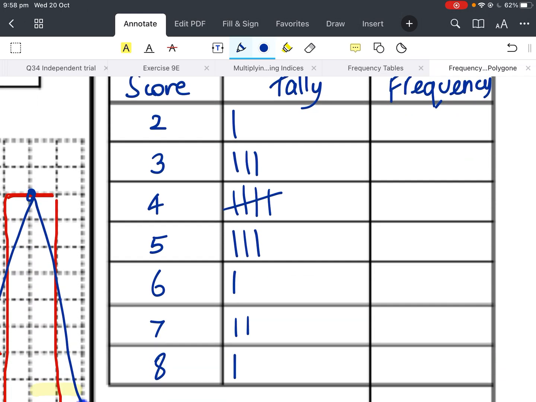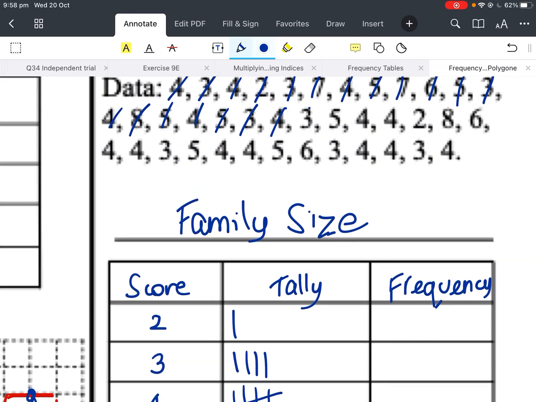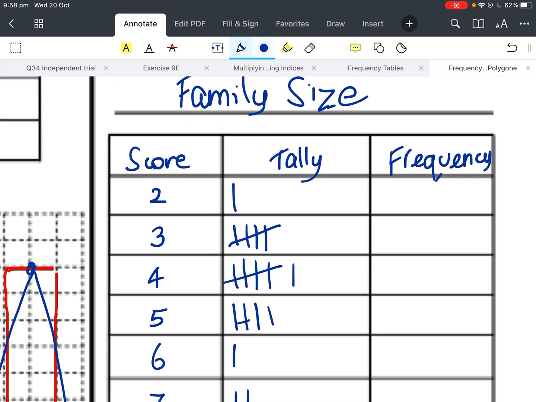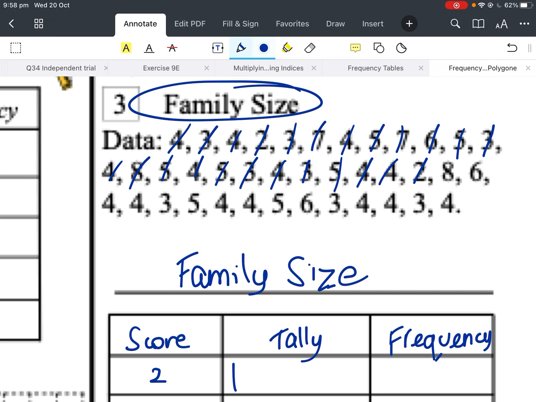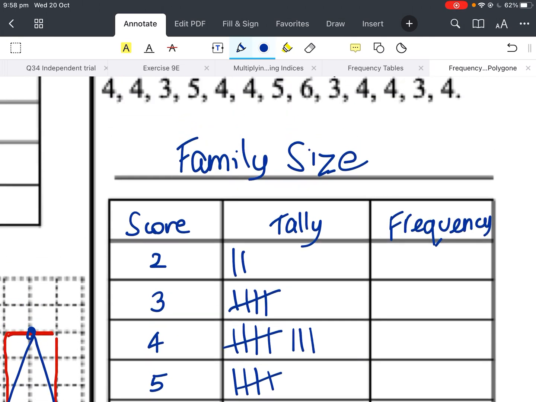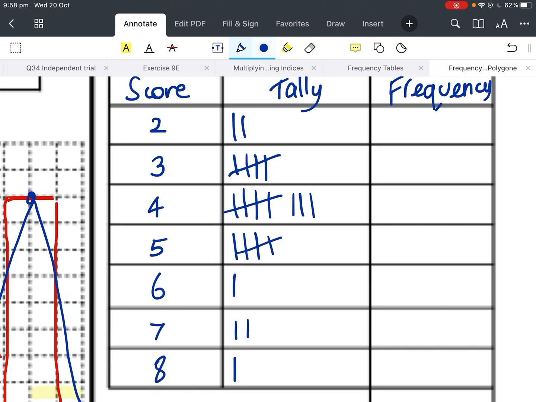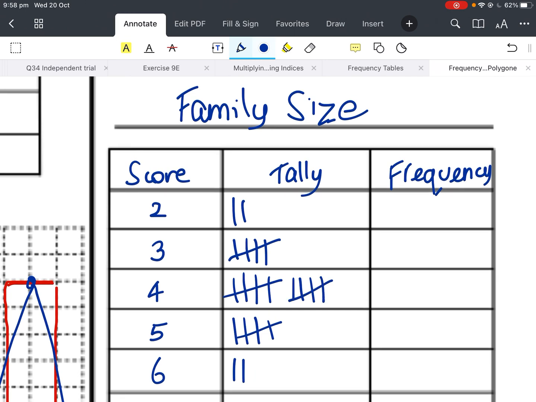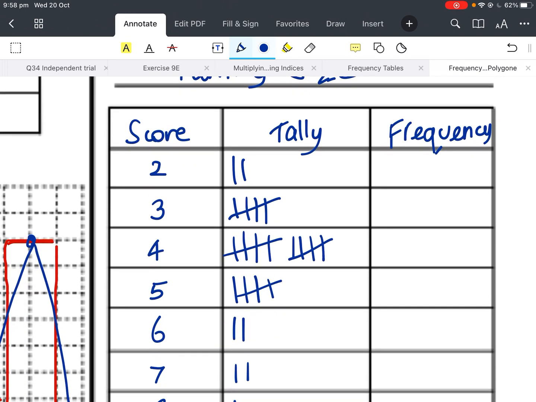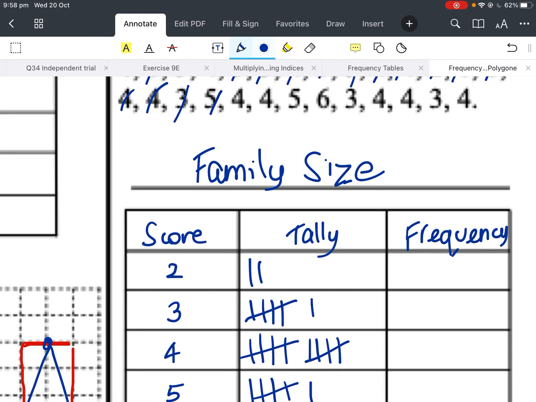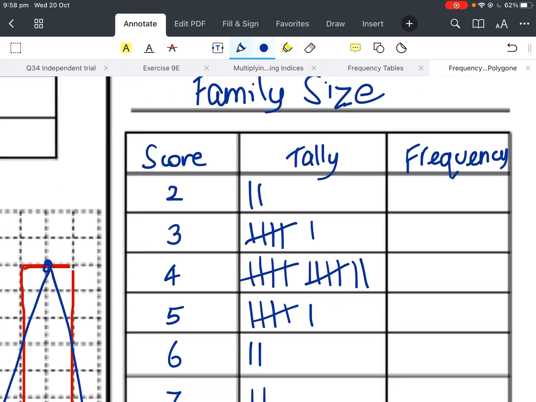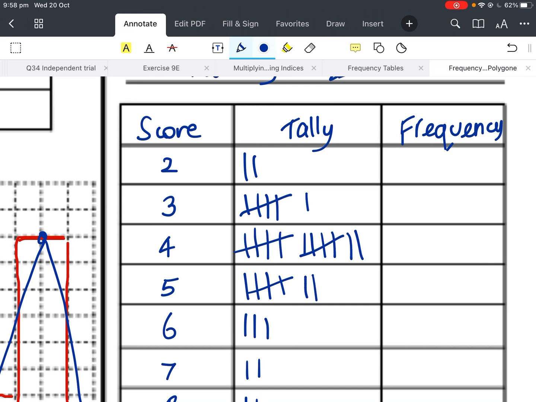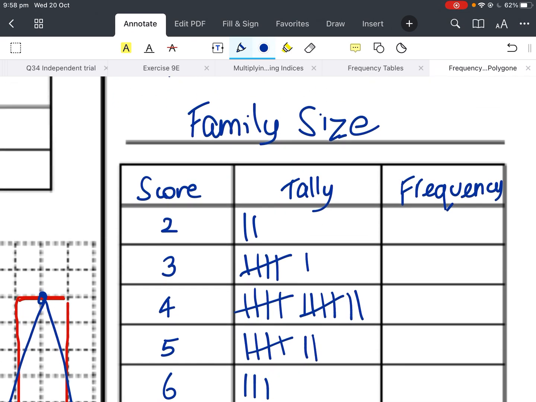5 and 3, 4 and 3, 5 and 4, 4 and 2, 8 and 6, 4 and 4, 3 and 5, 4 and 4, 5 and 6, 3 and 4.